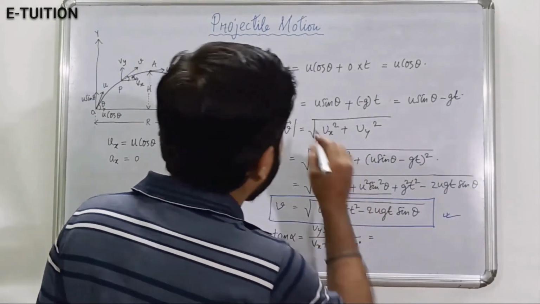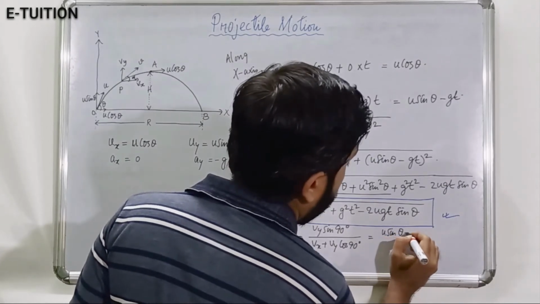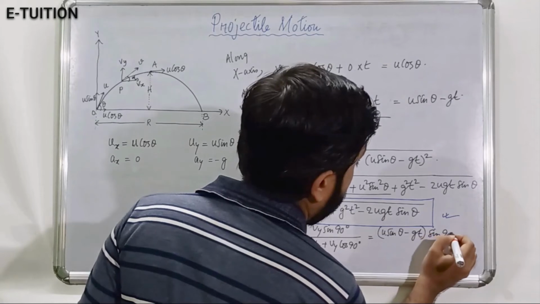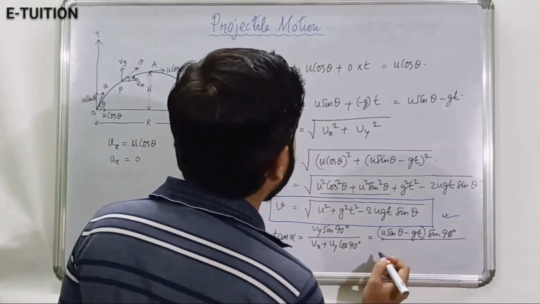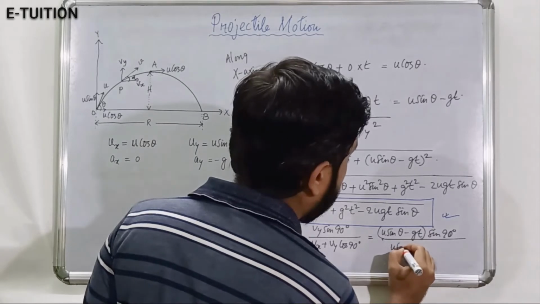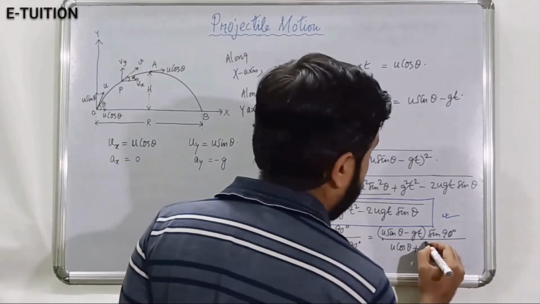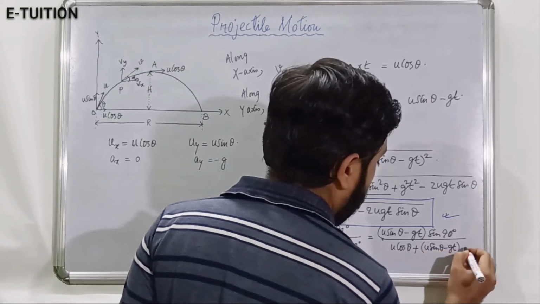How much was Vy? Vy was u sin theta minus gt, sin 90, Vx means u cos theta plus Vy cos 90.